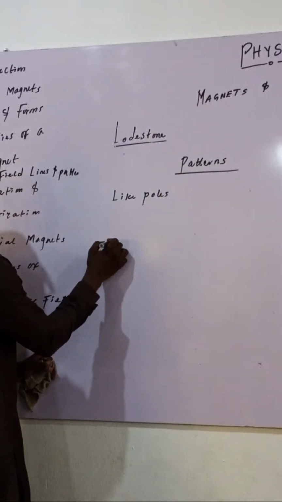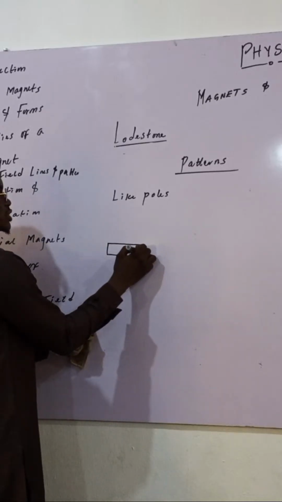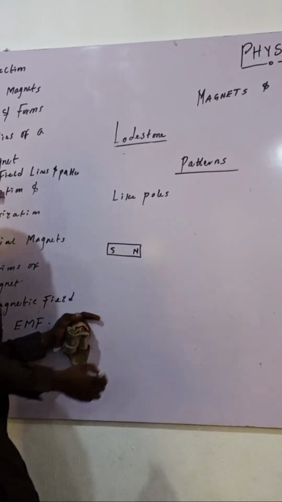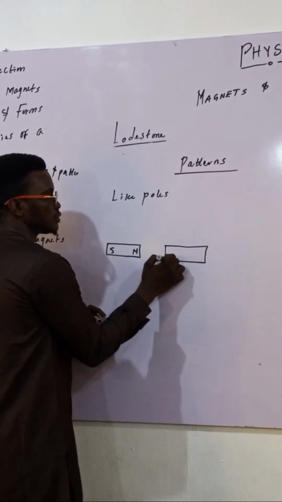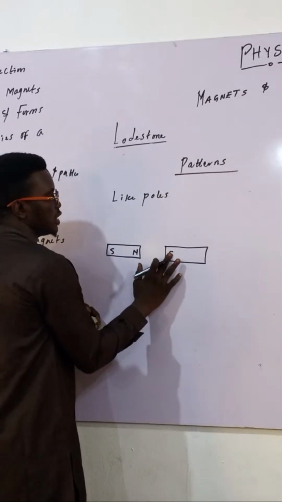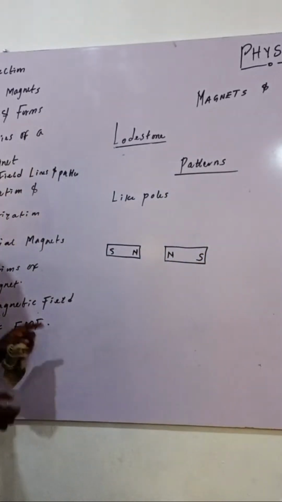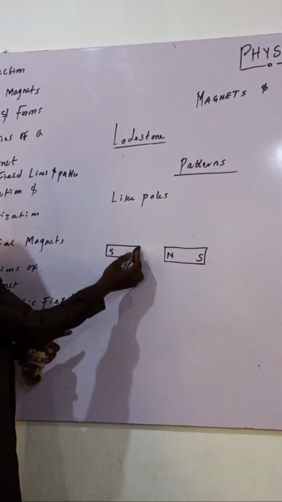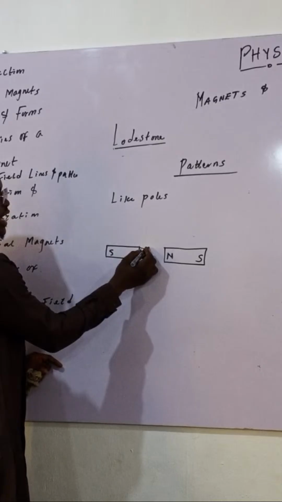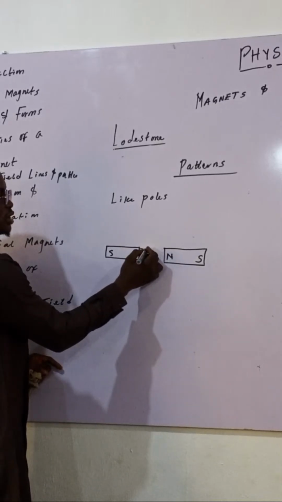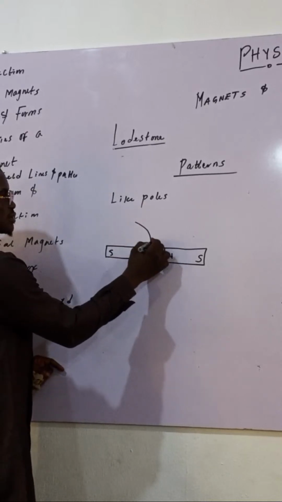If I have a bar magnet, this is north and this is south, and I bring another bar magnet close to it, this is south, like poles, this is north, this is south. Normally the field always runs from north to south, Abi. As the field is coming out, because of this one, they will repel, and you have something like that.